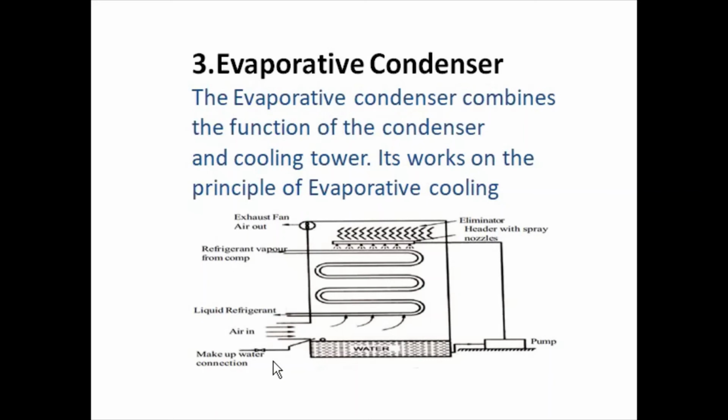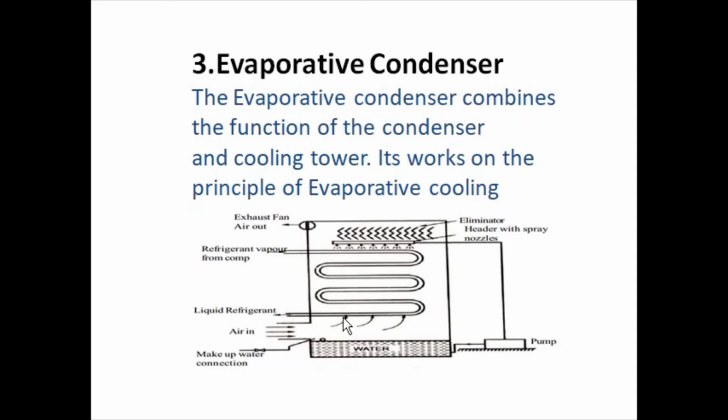As you see, they are used where there is scarcity of water and drainage facilities are inadequate. It is mainly used in these cases. The use of a cooling tower, we know, is uneconomical. It is suitable for refrigeration plants above 10-ton capacity.